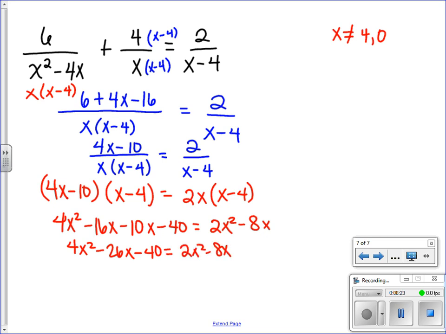So move these over, but I have to subtract the 2x squared, so it's going to be 2x squared. I have to add 8x. Negative 26 plus 8 would be negative 18. Yeah, it is. Thank you.